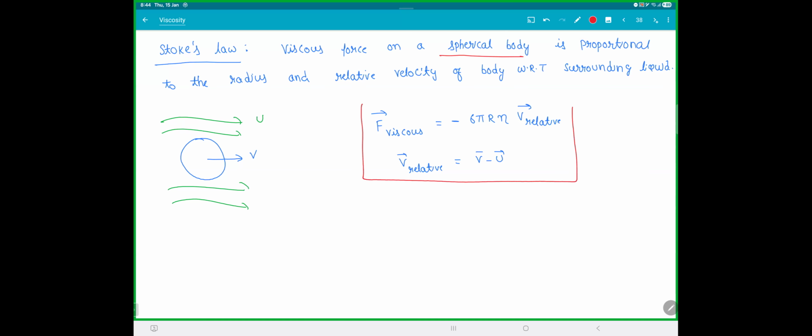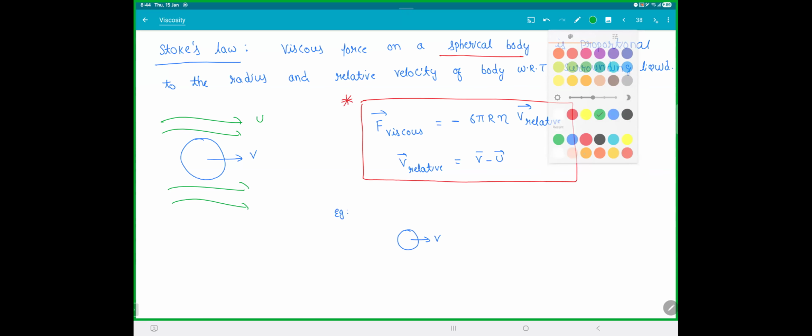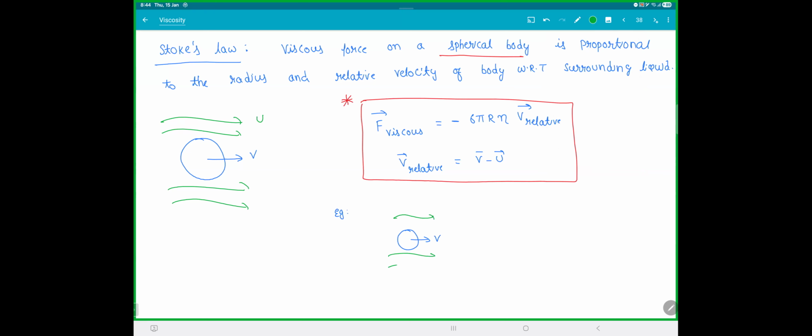Now be careful here. The most common mistake is this. What does viscous force do? It opposes your motion. That's a blunder. Just like what does friction do? It opposes your relative motion. So for example, let's say we have the ball which is going with speed v, but your surrounding fluid is actually going with 3v. So the viscous force on the ball is actually in the forward direction. It's not backward.